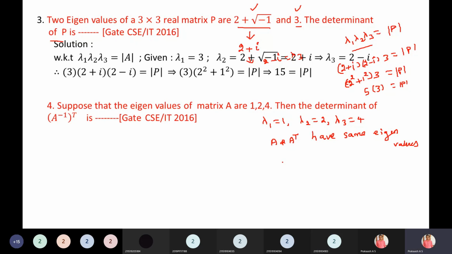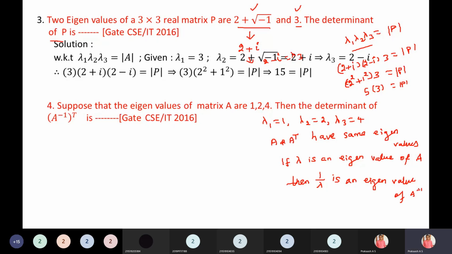A and A transpose have the same eigenvalues. And if lambda is an eigenvalue of A, then 1 by lambda is an eigenvalue of A inverse.